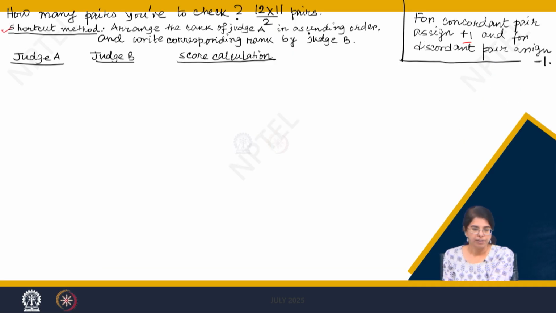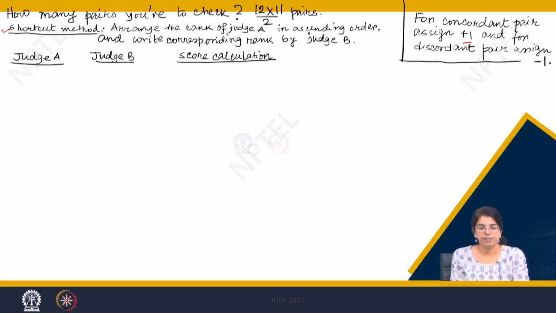For Judge A, what we are doing is arranging the ranks of Judge A in ascending order and writing the corresponding ranks by Judge B. What is the convenience when we do it like that? Since your ranks are coming in natural order, there is no time wasted checking for x1. Clear? You only have to check the y figures.